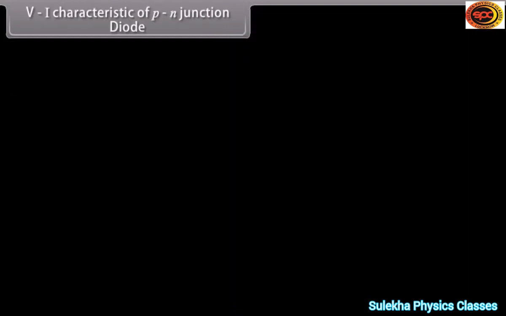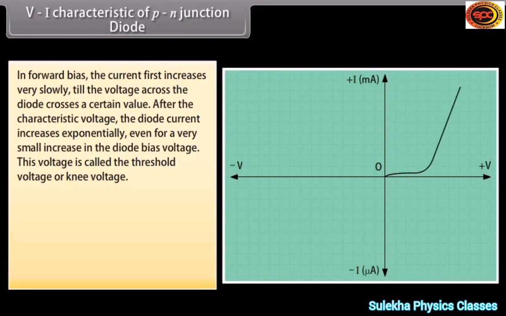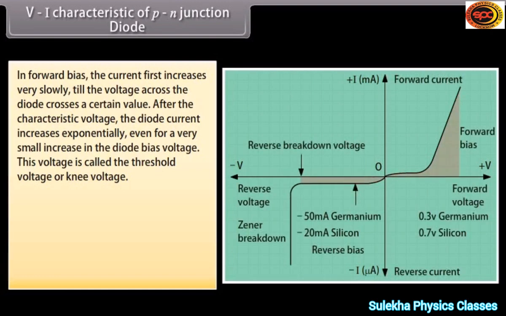IV characteristic of P-N junction diode. In forward bias, the current first increases very slowly till the voltage across the diode crosses a certain value. After the characteristic voltage, the diode current increases exponentially, even for a very small increase in the diode bias voltage.